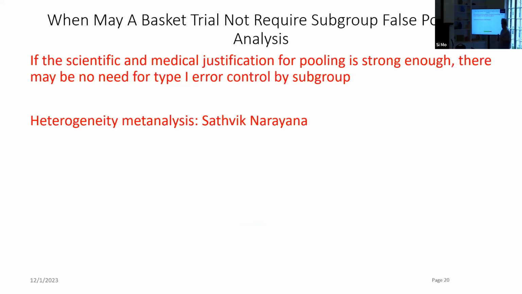What we are doing now to support this argument is that Satvik Narayana, who has kindly joined us, is looking at these traditional trials, with traditional indications like lung cancer that led to approval. And he's asking, how much heterogeneity is there really among these subgroups that we have come to accept? Because basket trials should be allowed to have at least that much heterogeneity, in my opinion.